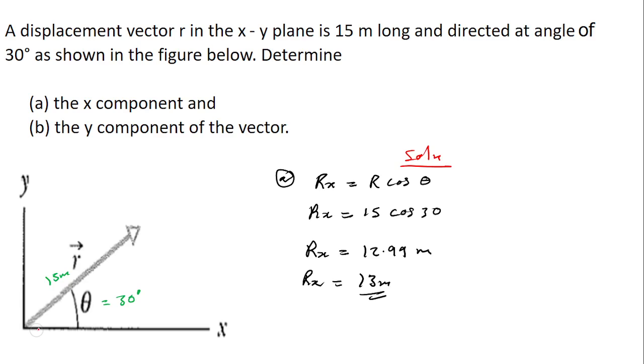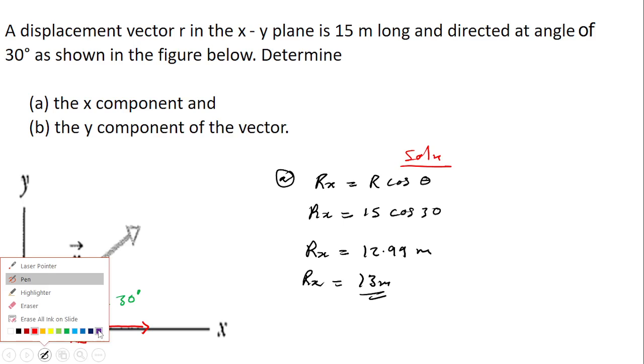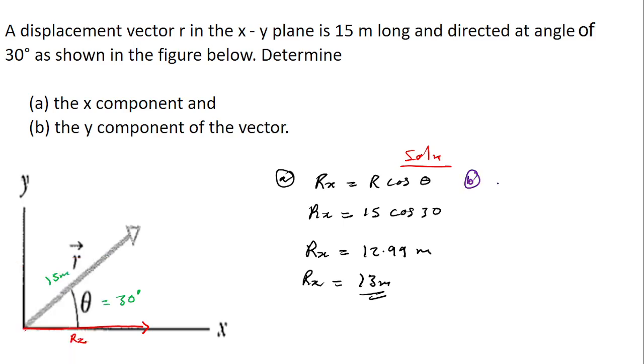Remember, this vector has the x component, which is this side. So this is the rx. Then we can look for ry, which will simply be equal to r sin theta.